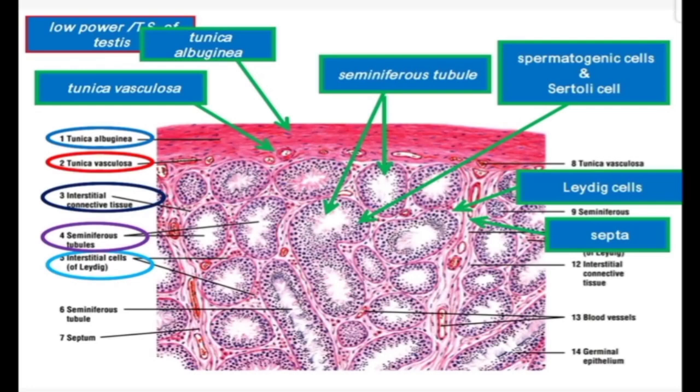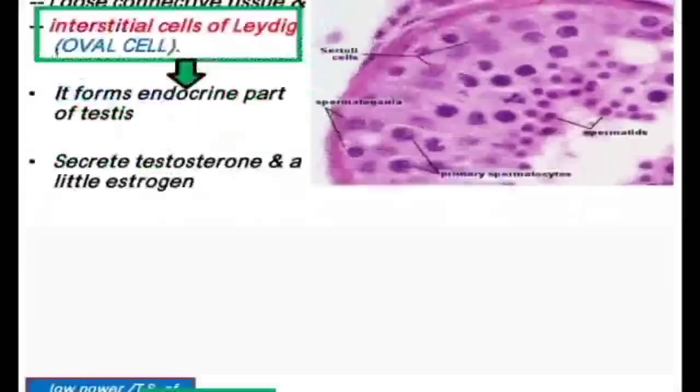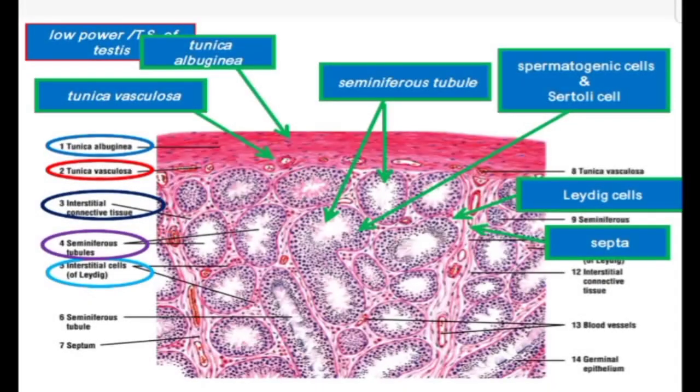The cut sections of these seminiferous tubules are seen, and in between them are present the interstitial cells of Leydig in groups in the interstitial tissue or intertubular tissue. And these are the septa. These are the septula testis, which divide the testes into smaller pyramids.